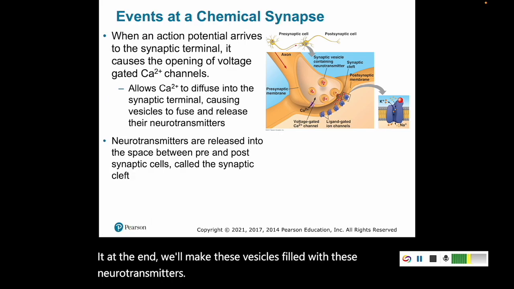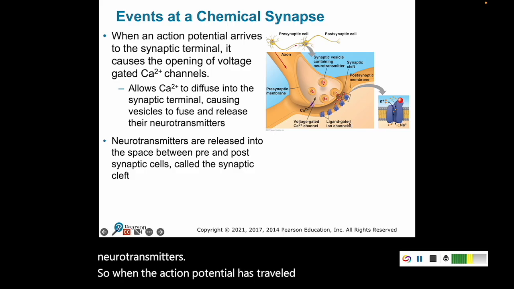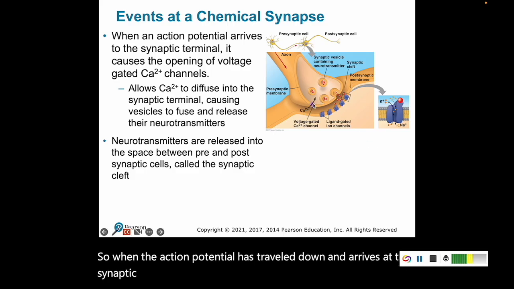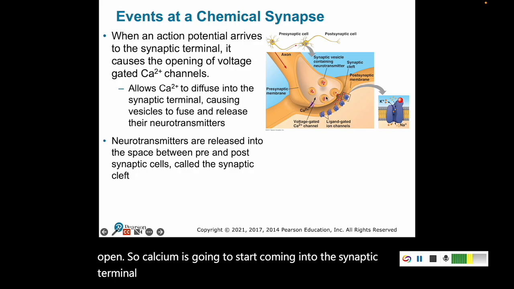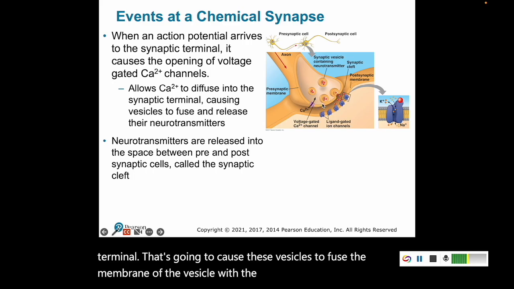So when the action potential has traveled down and arrives at the synaptic terminal, it'll cause these calcium channels right here to open. So calcium is going to start coming into the synaptic terminal. That's going to cause these vesicles to fuse, the membrane of the vesicle with the membrane of the cell.